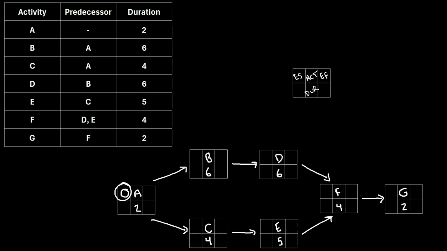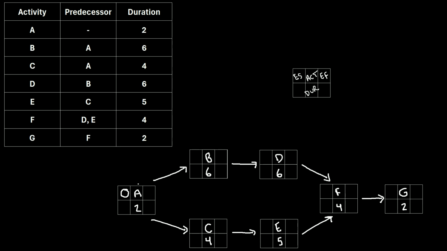So when we write a 0, what we're really saying is this activity can start at the very end of day 0, which can also be interpreted as the very beginning of day 1. That's why we can't write a 1 right here, because if we wrote a 1, that would indicate the end of day 1. And again, activity A can start at the very beginning of day 1. So that's why we write a 0 right here.